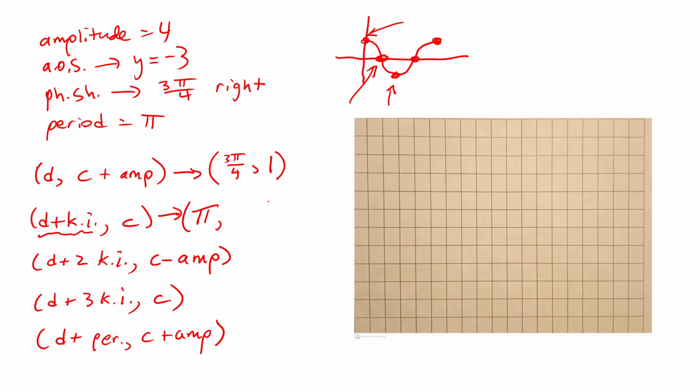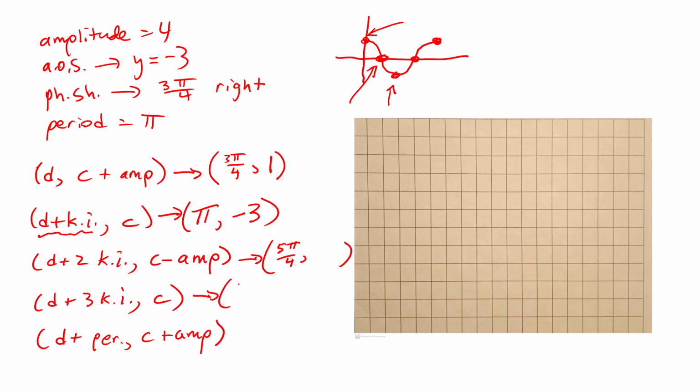Our y-coordinate is going to be the c value. Well, the c value is the same as the y value of the axis of symmetry. It's -3. Now, d plus 2 key intervals, that's like saying 3 pi over 4 plus 2 of those pi over 4s. That gets us to 5 pi over 4. Okay, we'll do the last couple of x coordinates.